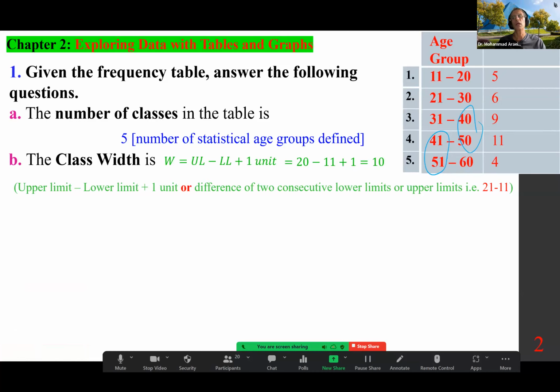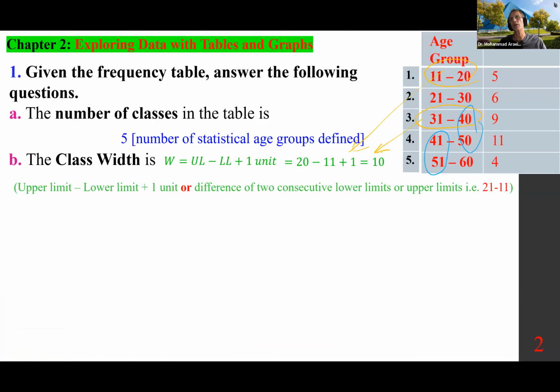So that's how you do it. But when we go with one of those classes like this one, the upper limit minus lower limit plus 1. But if both limits are upper or both limits are lower, just one, the larger one minus the smaller.